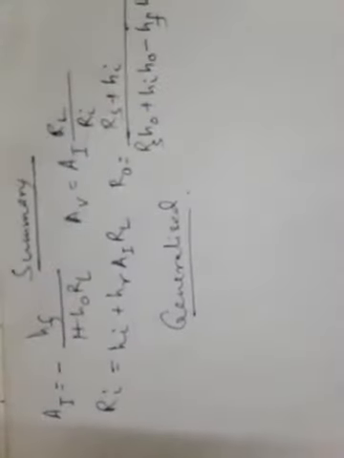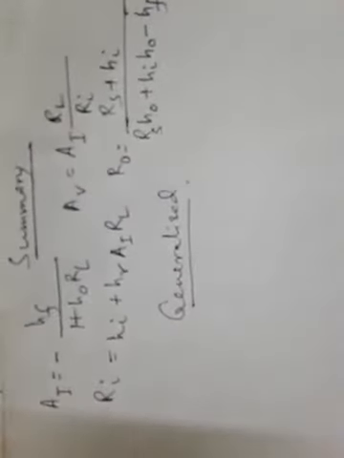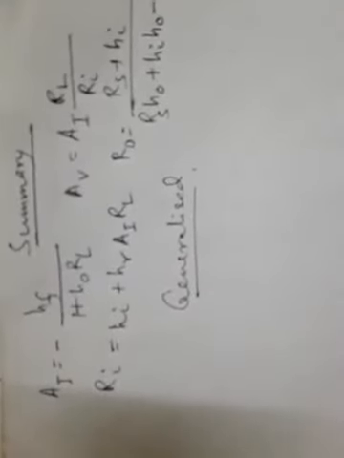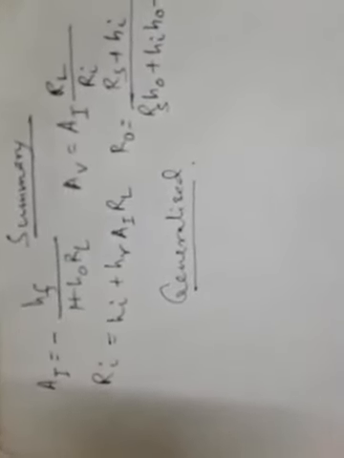Now if we need these expressions in common emitter mode, we just need to add the second subscript to get the common emitter mode H parameters, which are used by most manufacturers in most cases, and for other modes also, that is for CB and CC modes.